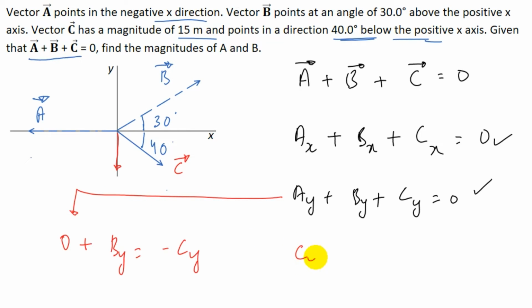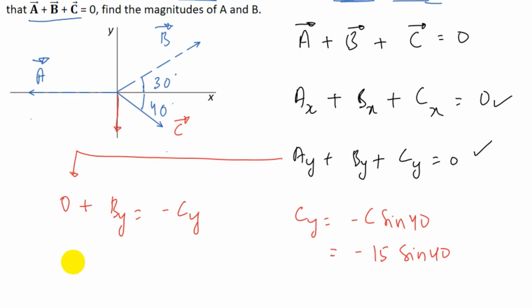So Cy would be C sine 40 with a negative sign because it's along the negative y. That would be equal to minus, and the magnitude of C is 15, so 15 sine 40. So we can put it here. So By will be equal to negative of negative 15 sine 40, which is equal to 9.64 meter.